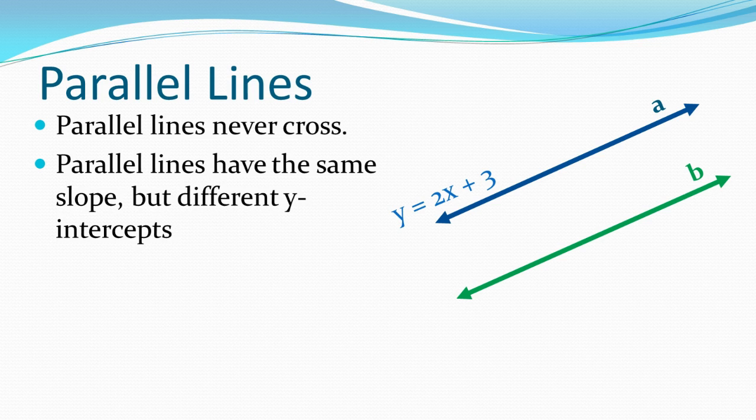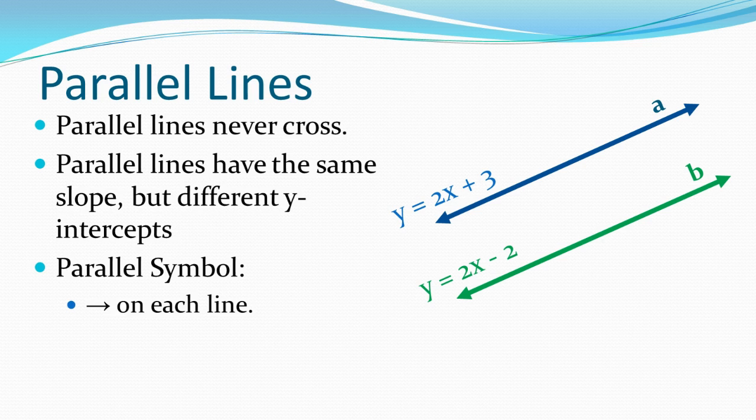So if line A's equation was y equals 2x plus 3, then line B would have the exact same slope: y equals 2x minus 2, for example. If they have the exact same slope, we know that they are parallel lines. We can also mark on the lines that they're parallel by putting an arrow on each line.